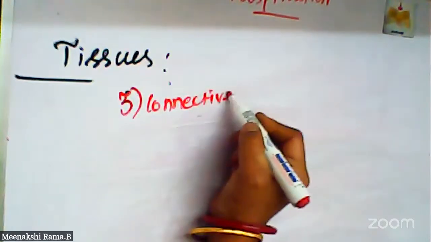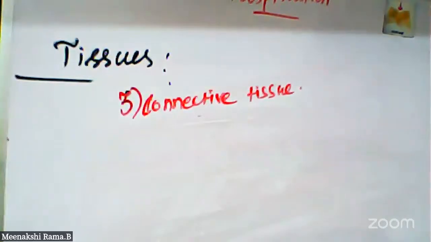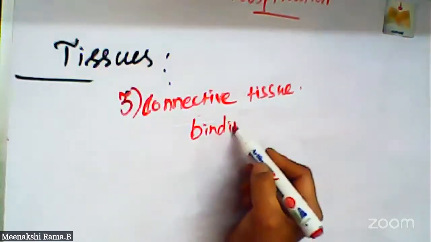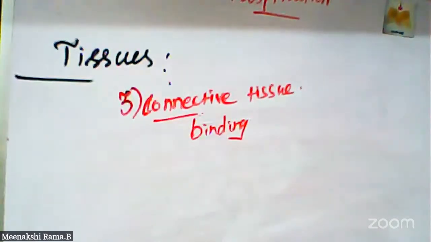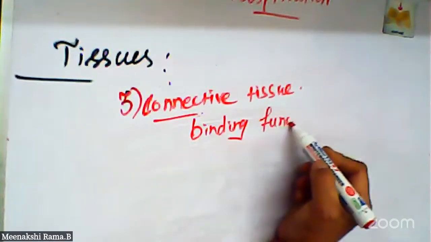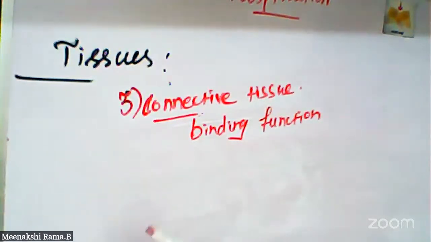The connective tissue function is binding; tissues bind our body in different structures. Binding function is called connection. Binding is the main function of connective tissue.